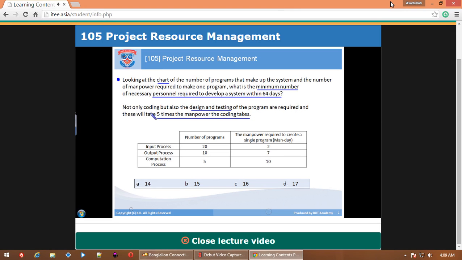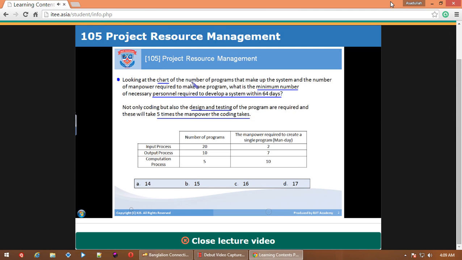Not only coding but also the design and testing of the program are required, and doing this design and testing take 5 times the manpower the coding takes.